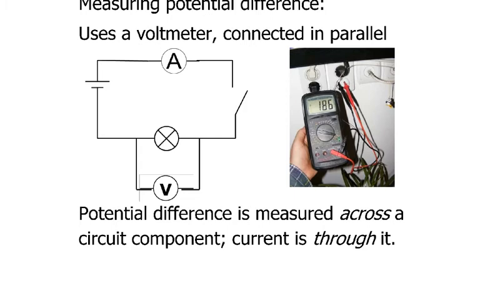So basically you can think of it like sticking a sampling probe in at the top of the waterfall and sticking a sampling probe in at the bottom of the waterfall. So here we've got one end of the circuit component, and here we have the other end of the circuit component, and then we're measuring the difference in potential between those two. All right. So if you think of it as like gravitational potential energy, this is the upstream side of the component using conventional current.